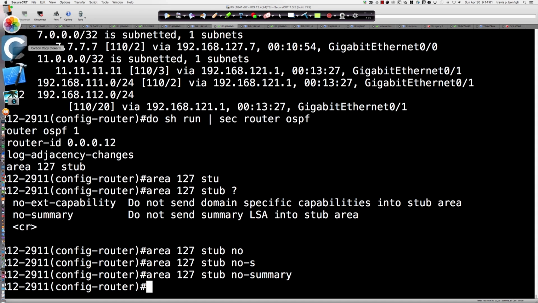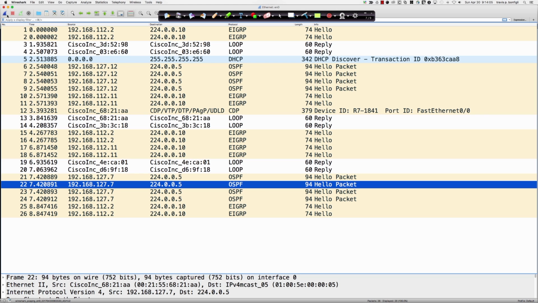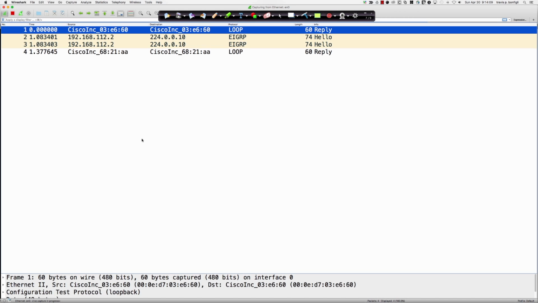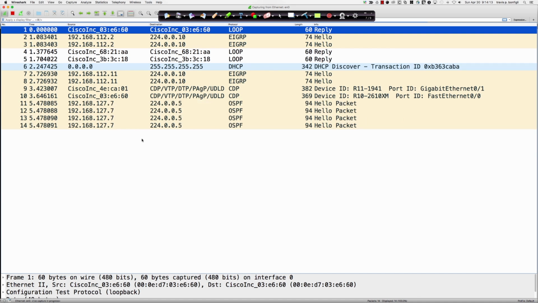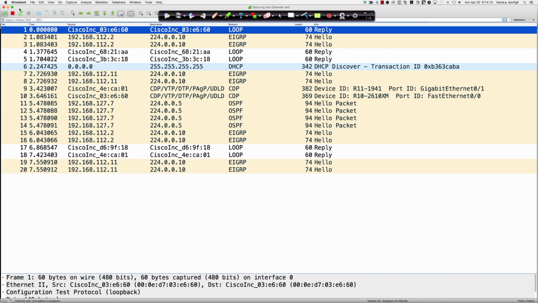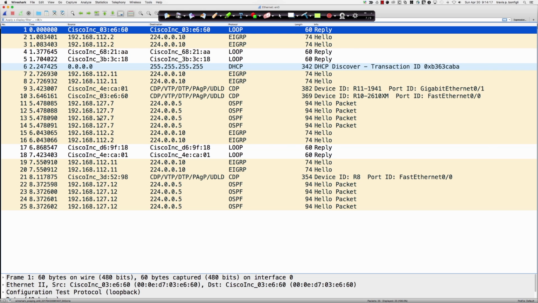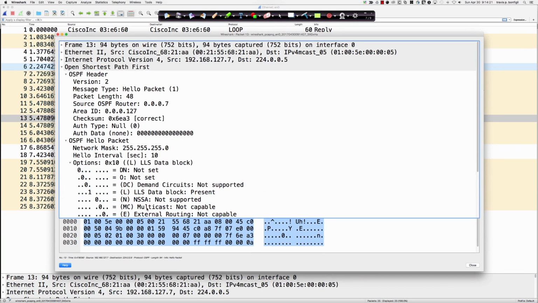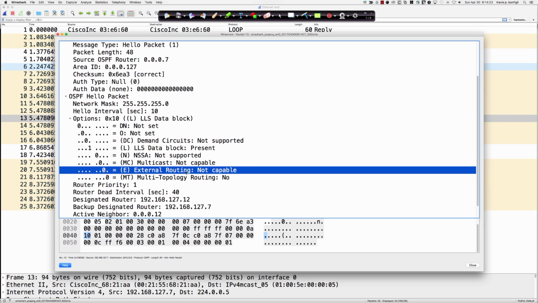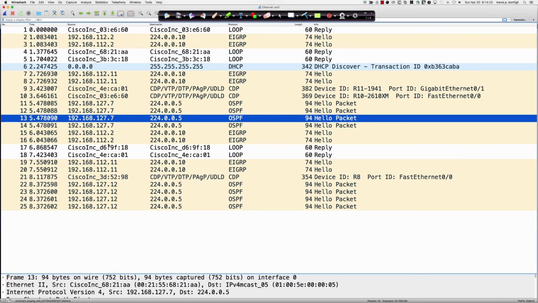So if we were to come back over here to Wireshark and I were to kick off a packet capture, what would we expect to see in the hello messages that are going to go between router 12 and router 7? So there's some hellos from 7 here, so we'll take a look. The adjacency is still up, and take a look. External routing capable? No, not capable.